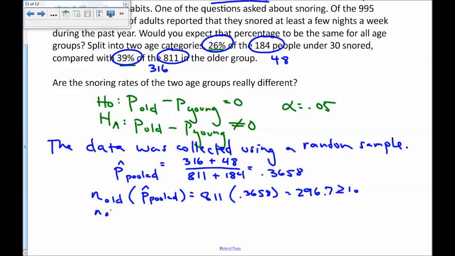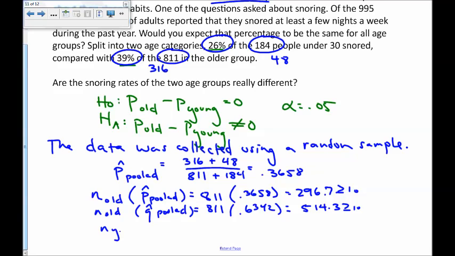And the n sub old times q hat pooled, which is 811 times 0.6342, which is about 514.3, which is bigger than 10.